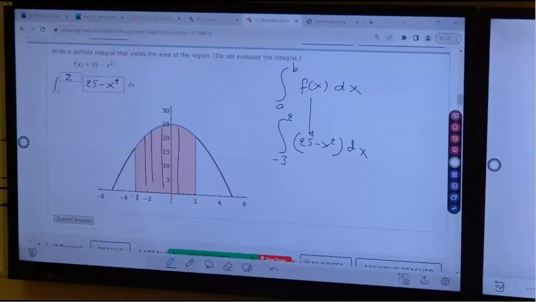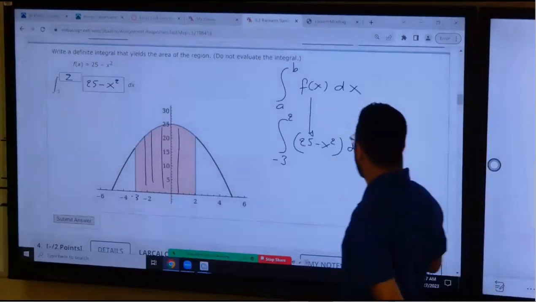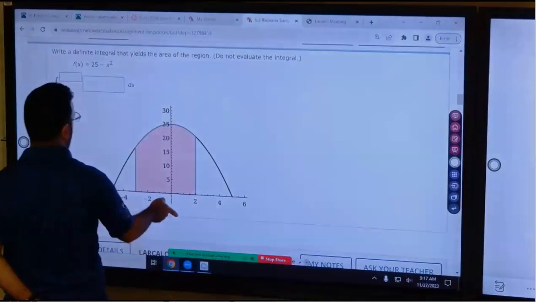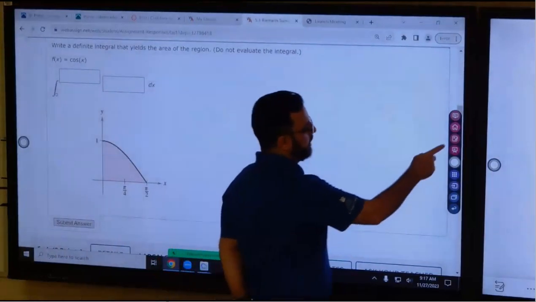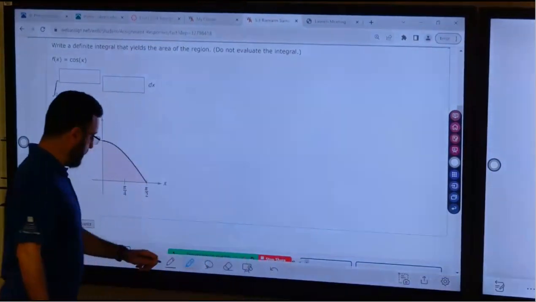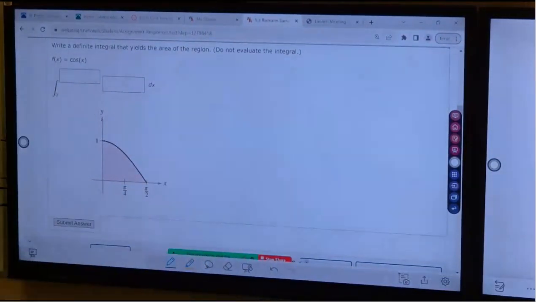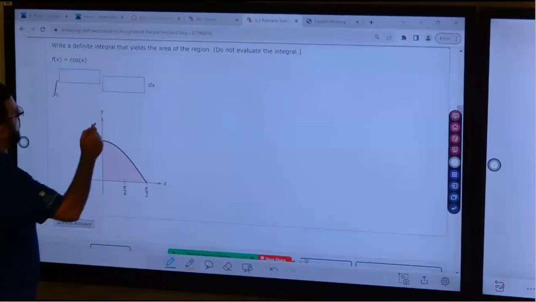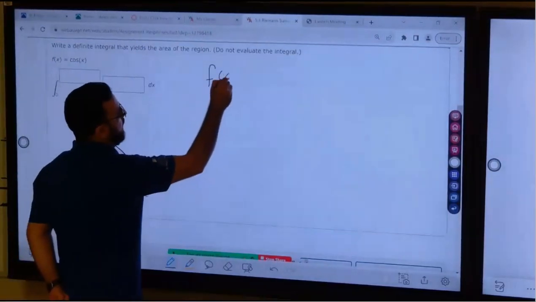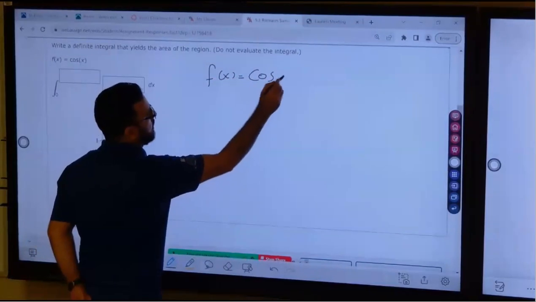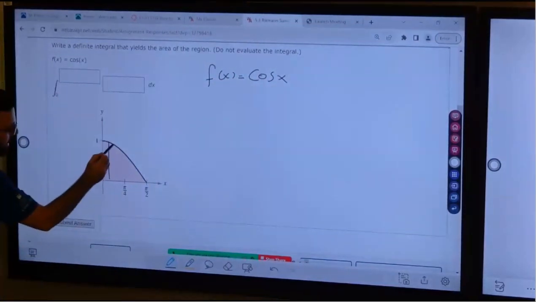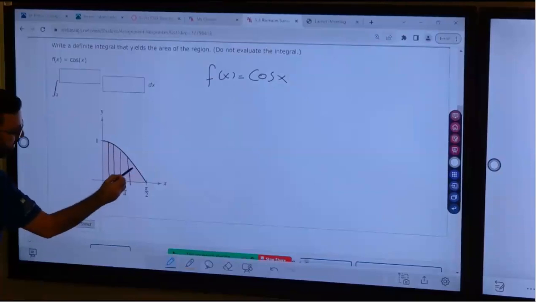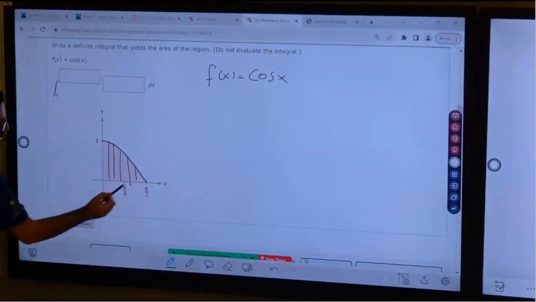Jump to the next one. What about this one? Then our function is f of x equals cosine x. And I can divide the area into these rectangles.